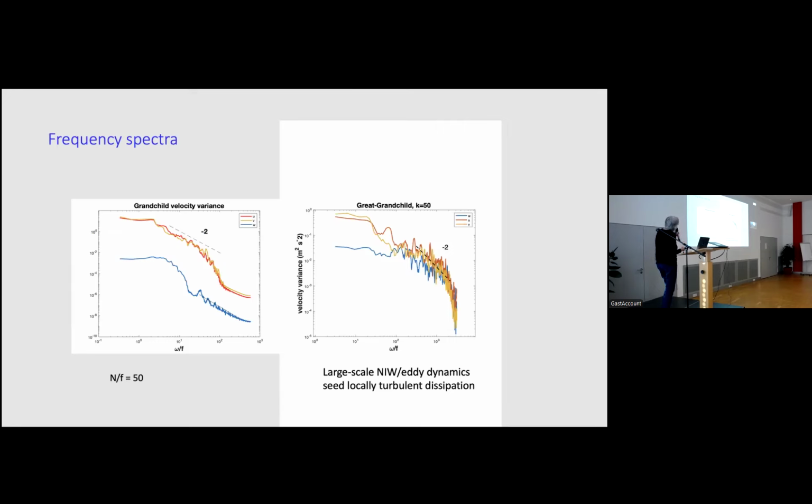The nice thing about this one is that it collapses to something isotropic at large frequencies, and at lower frequencies, there's definitely more energy in the low frequency motions, in the horizontal motions and in the vertical.